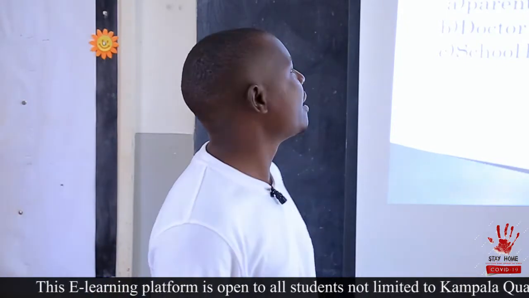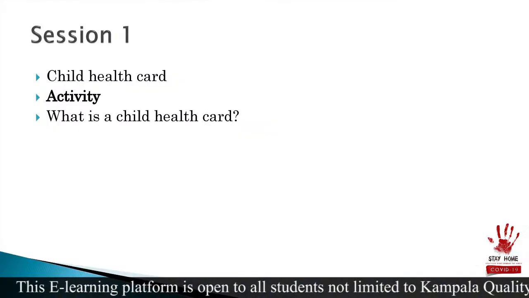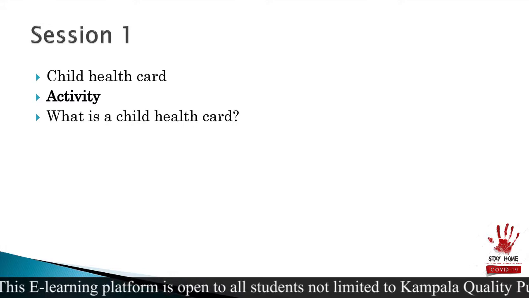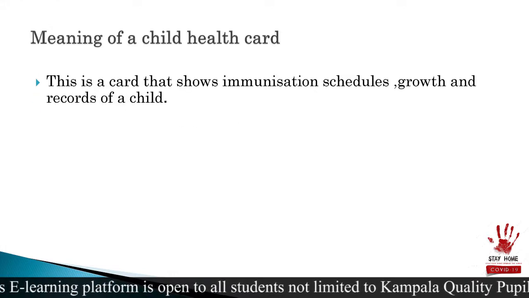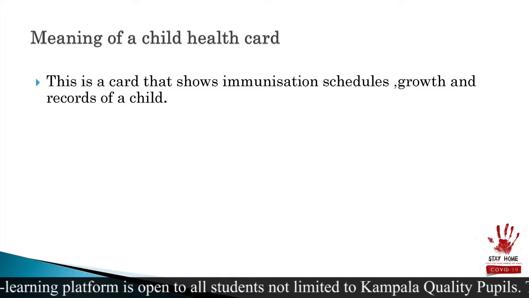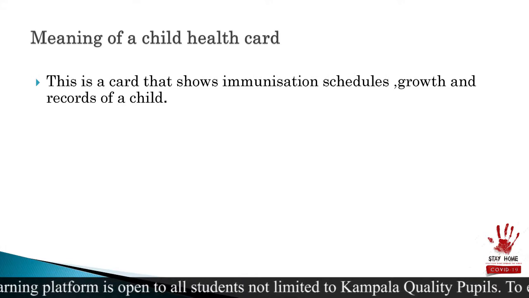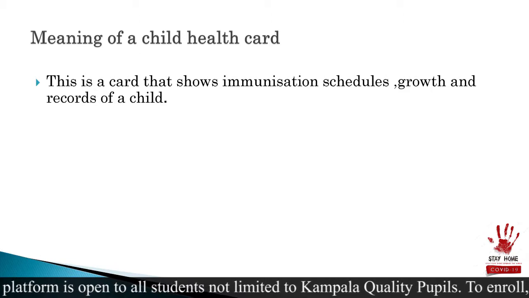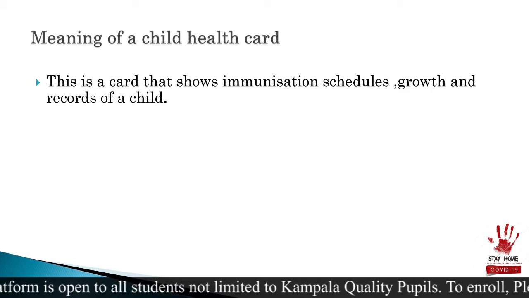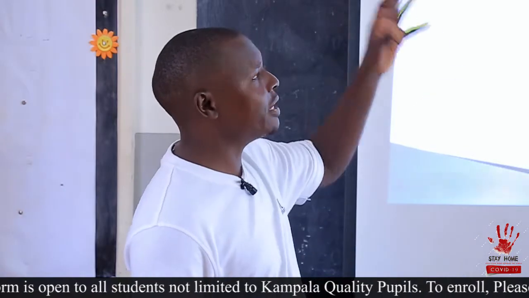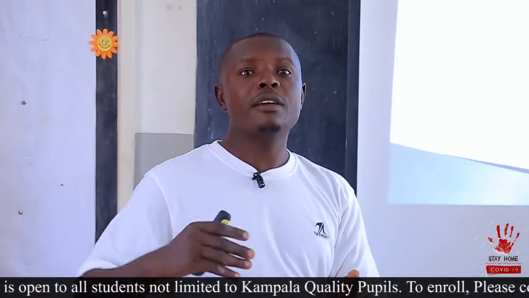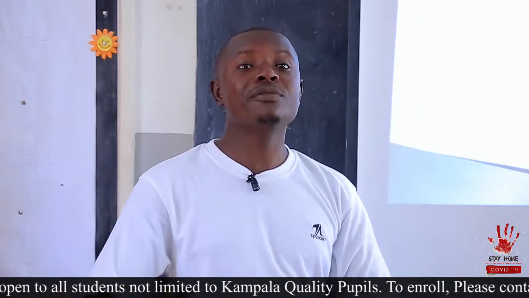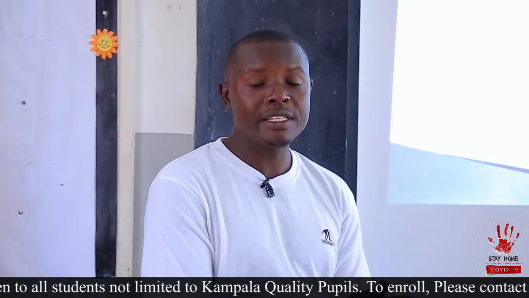And let's go with the first one. What's a child health card? And we shall say, a child health card is a card that shows immunization schedules, growth, and records of a child. It shows immunization schedules, like when were you immunized for polio vaccine?